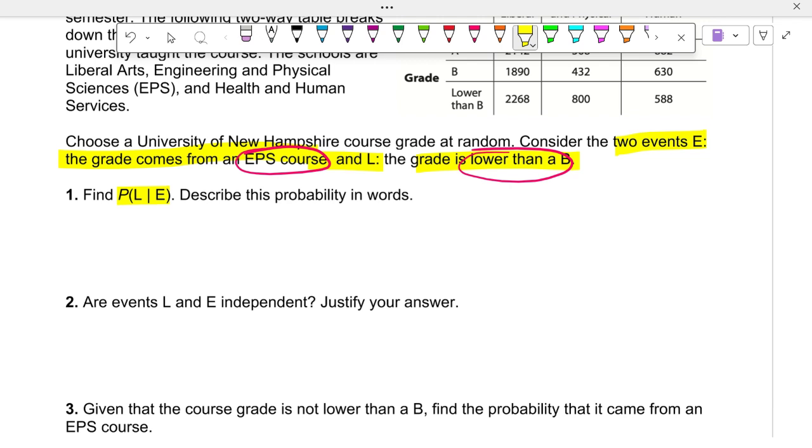All right, so what I want you guys to do, turn to your neighbor and compare answers. Take a minute and compare answers. I got 50. 800 over 1600.